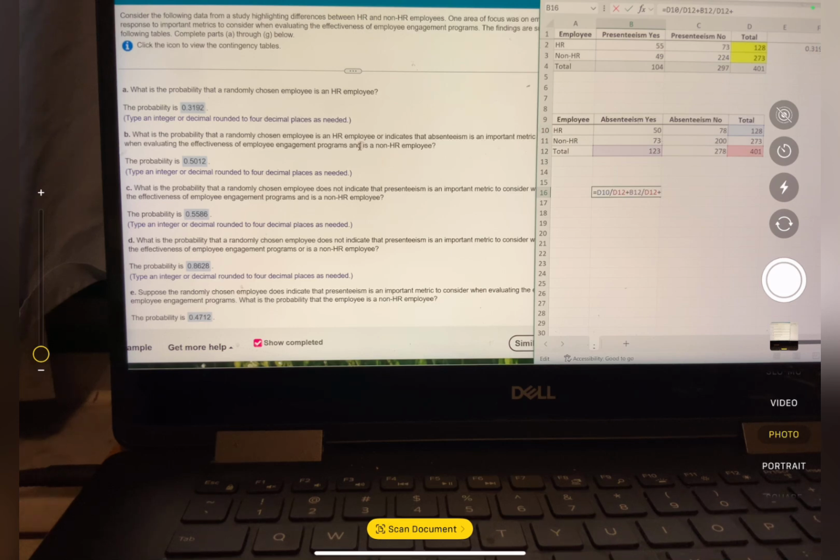When it says and, we have to find the intersection, the intersection of non-HR and absentee. So non-HR and absentee 73, because it's going to be a duplicate, right? Because if I add 73, I need to subtract this 73 over 401.